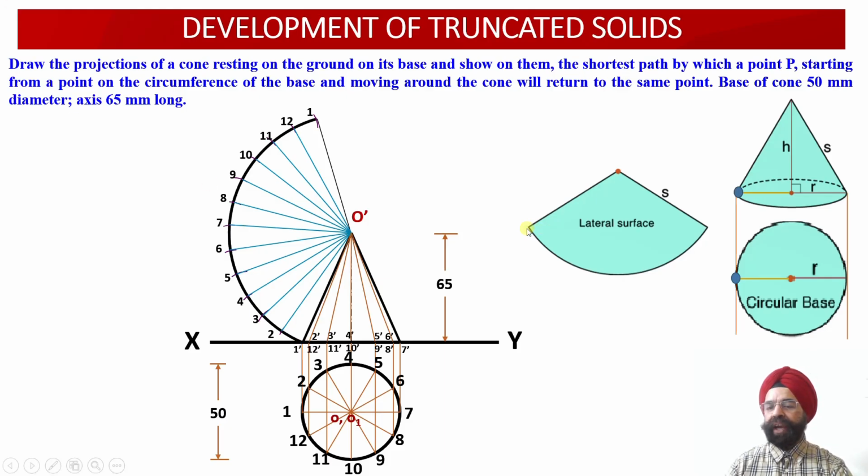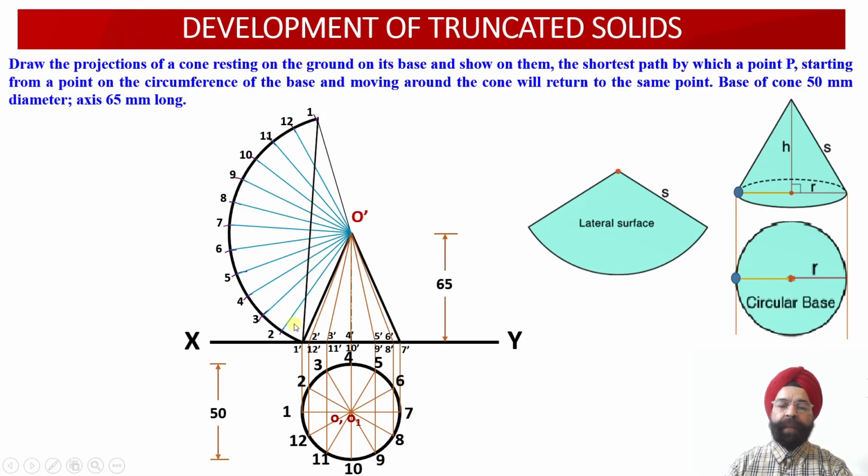So if we join point 1 and point 1, the starting point and end point, using a straight line, because we know that the shortest distance between 2 points is a straight line, that is the definition of a line. If we draw a line joining point 1 of the starting point and point 1 of the end point of this development, we will obtain that the distance covered by the point P would be the shortest distance.